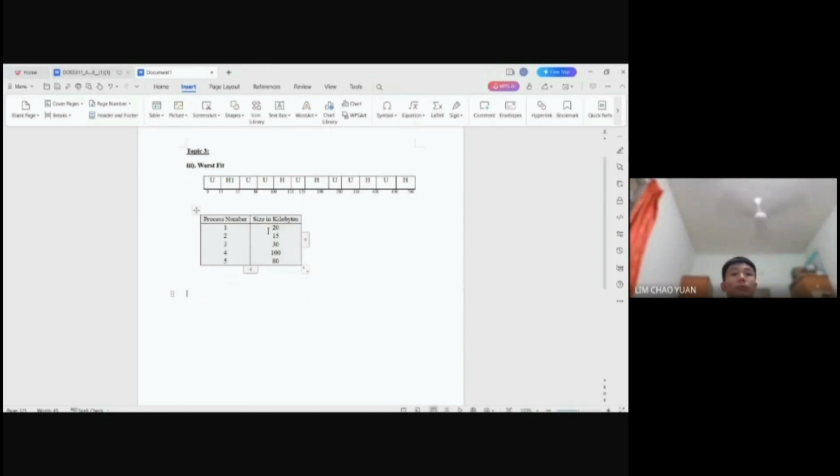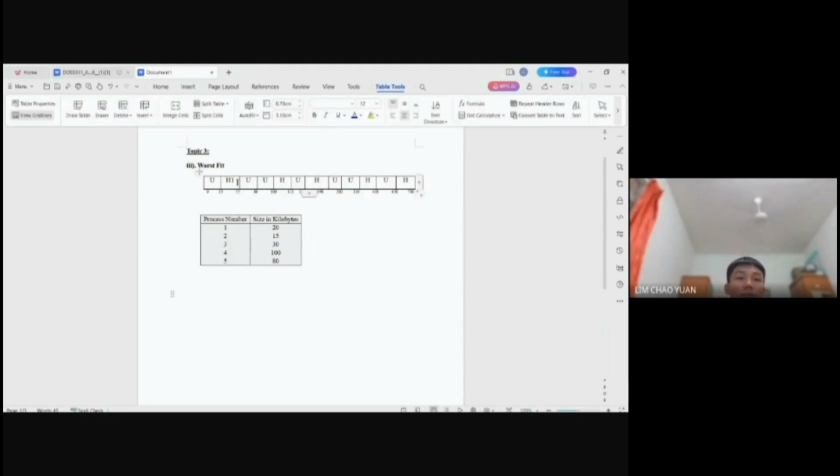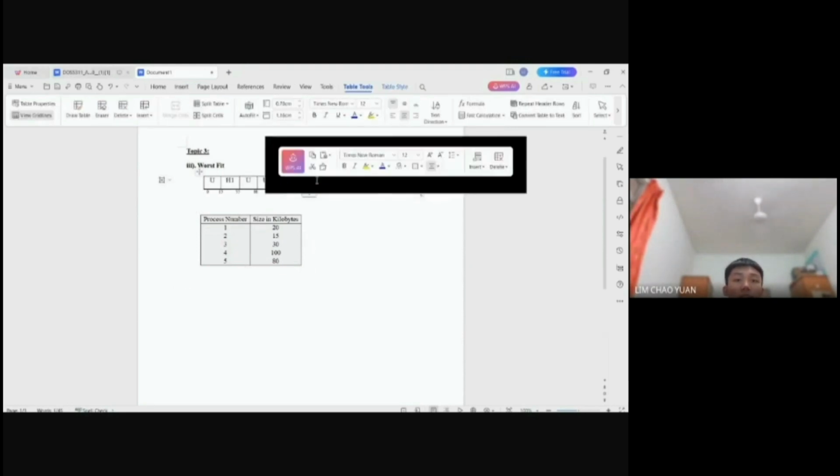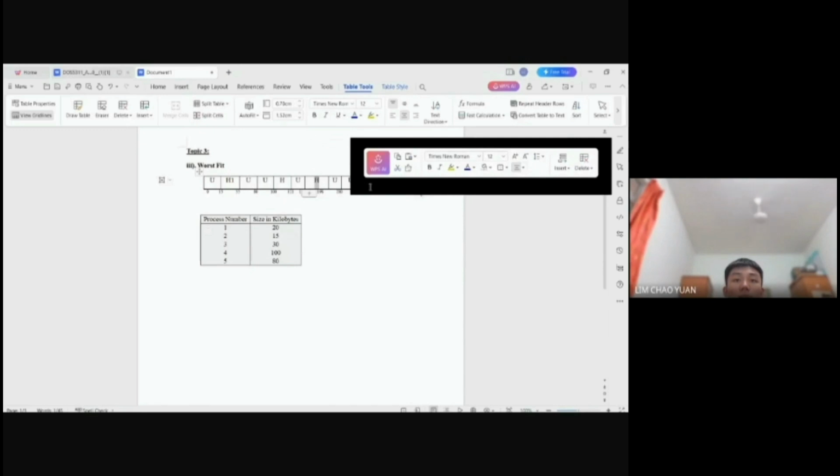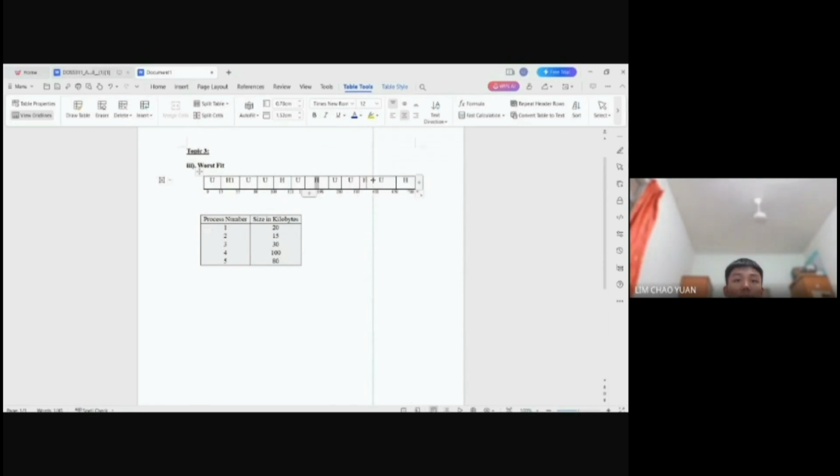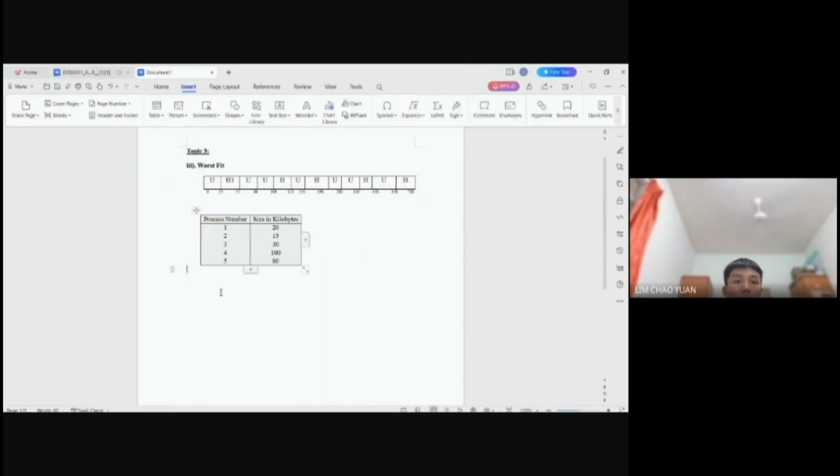Okay, so before we get all these numbers, we want to find the value of h, which means the hole, so we must know the limit. We must find the value of the limit. So first we write h1, h2, h3, h4, and h5.